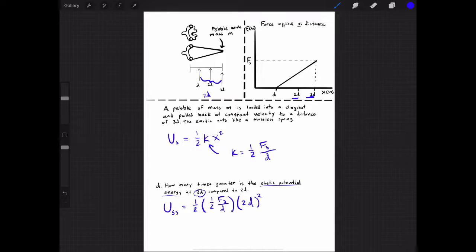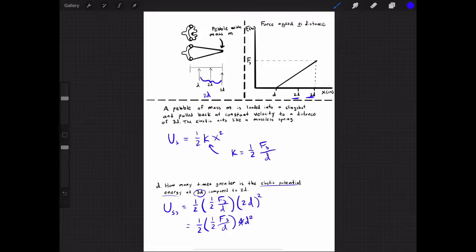Now if we calculate this out, we get 1/2 times 1/2 F3 over D times this squared, which is going to be equal to 4D squared. Now it's nice because some things will start to cancel out.